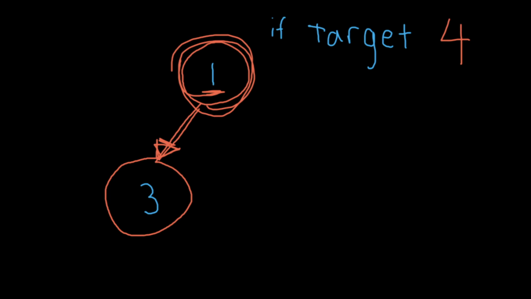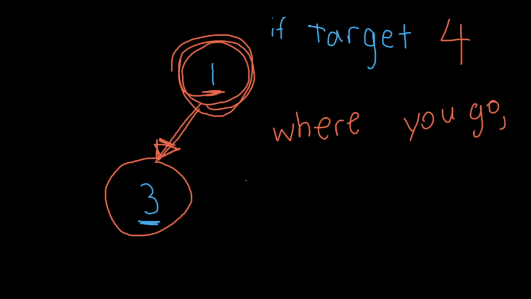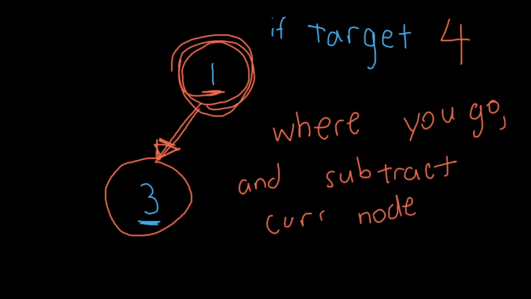So then at that point you say, does the value of 3 match the target minus what I had before, which is 1? So what you know is your code has to consider where you go, and subtract the current node. That you have to do.